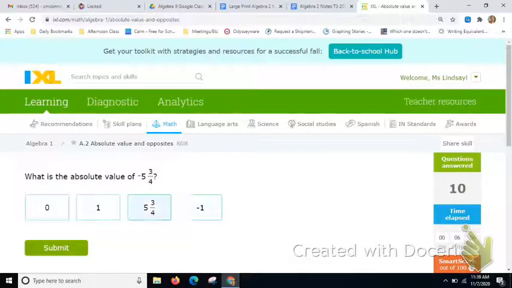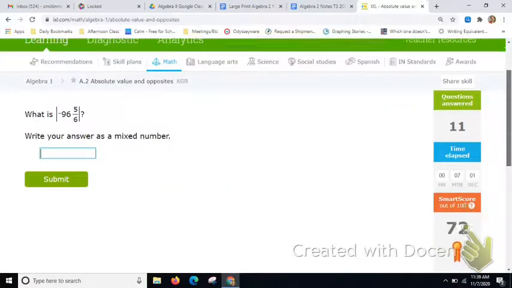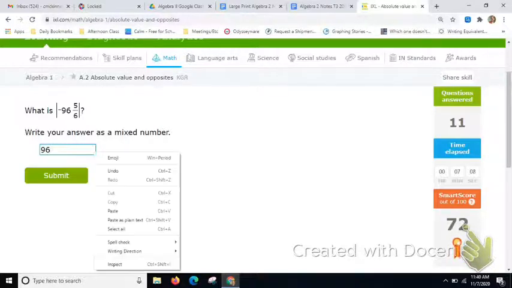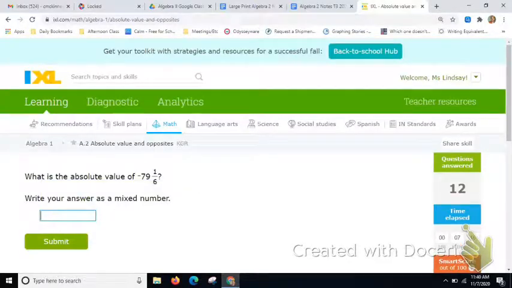Absolute value here. So it looks like I got 10 questions. Now I got all of them right, so I'm almost finished. This mixed number, 96 space, whoop, that's not space, space 5/6. So same kind of thing. So no big surprises there. That should just take a couple minutes.